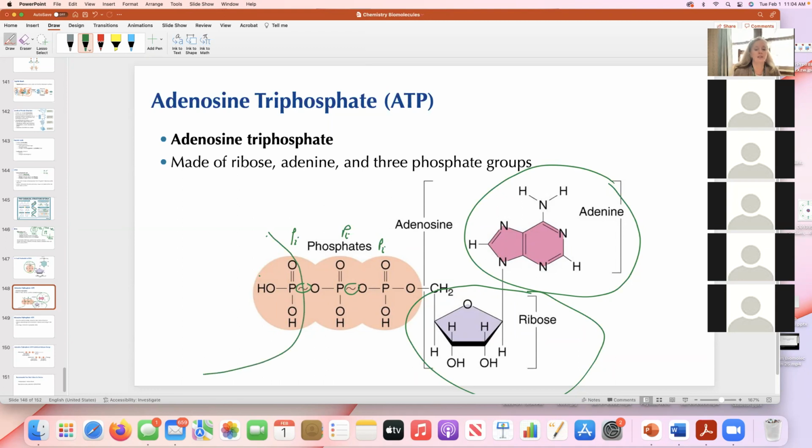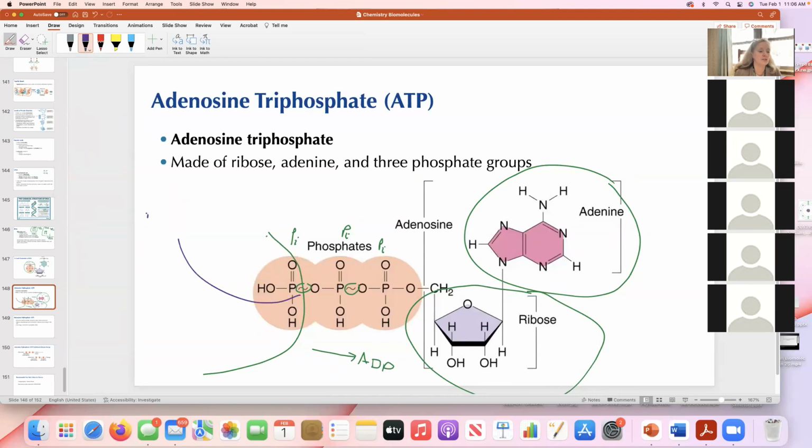Okay, when we split this off, the rest of the molecule over here becomes ADP. All right, and all the energy that was in this bond, we're going to use to drive other reactions.